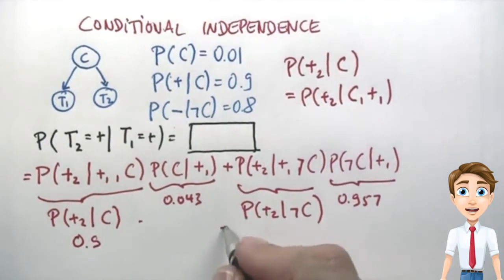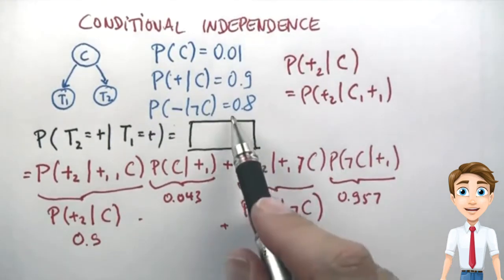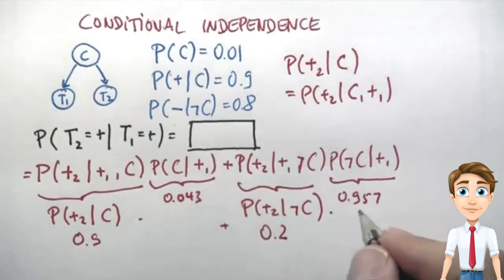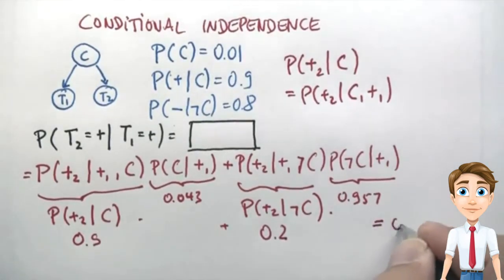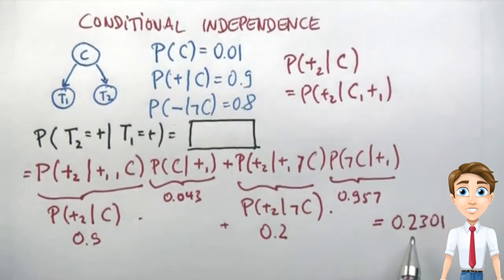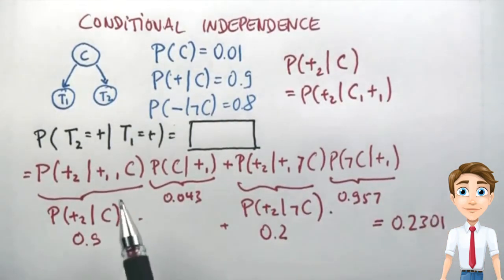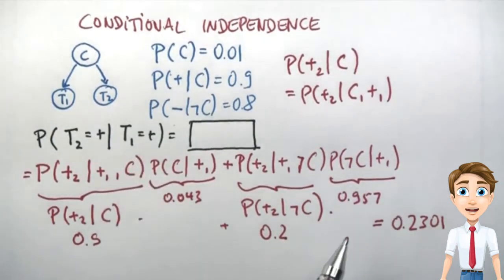I can now read those off my table over here, which is 0.9 times 0.043 plus 0.2, which is 1 minus 0.8 over here, times 0.957, which gives me approximately 0.231. So that says if my first test comes in positive, I expect my second test to be positive with probability 0.231.